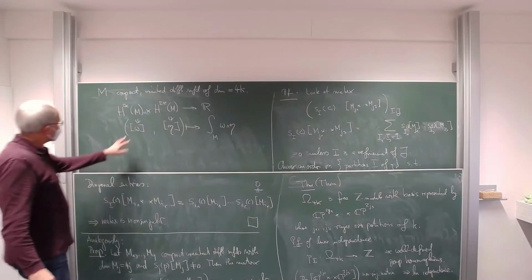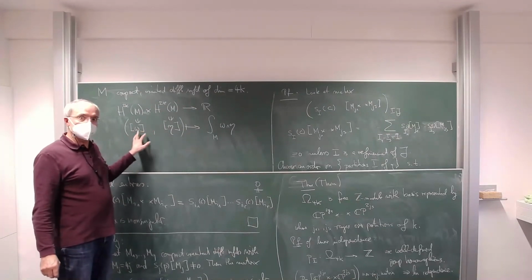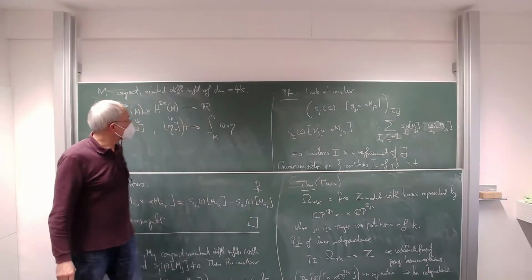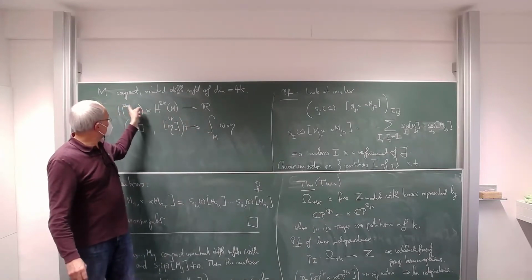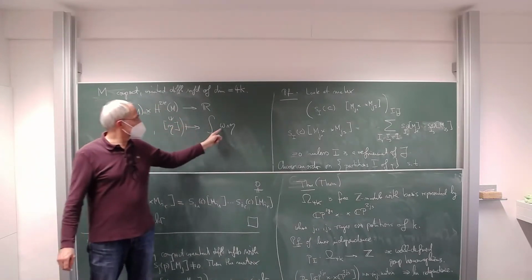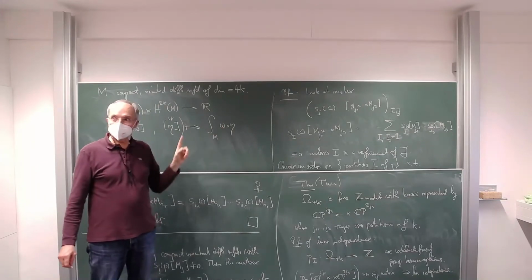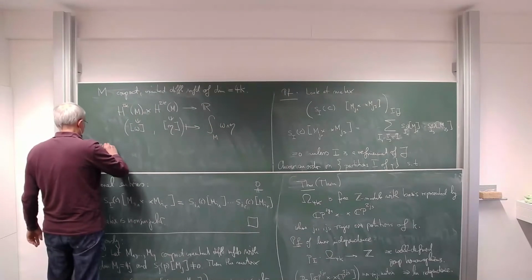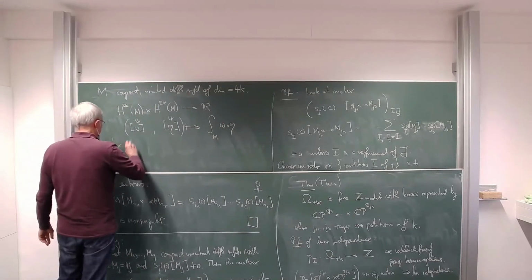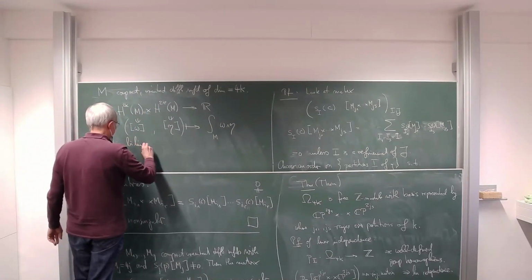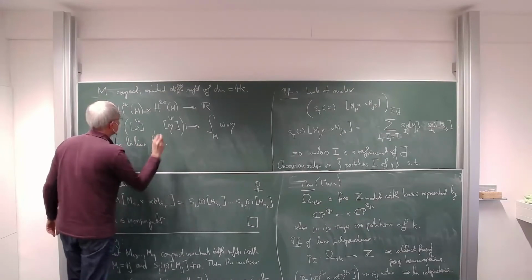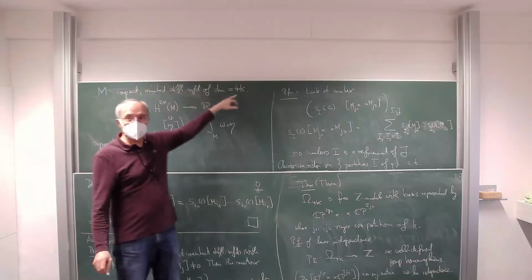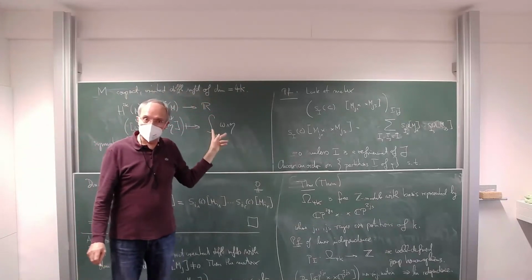It depends only on the cohomology classes of these two forms, and it's also a symmetric bilinear form because both these degrees are even. So if I interchange, the wedge product does not give a sign. So that's a symmetric bilinear form. If the dimension of M was even but not divisible by 4, then we would get a skew symmetric form.